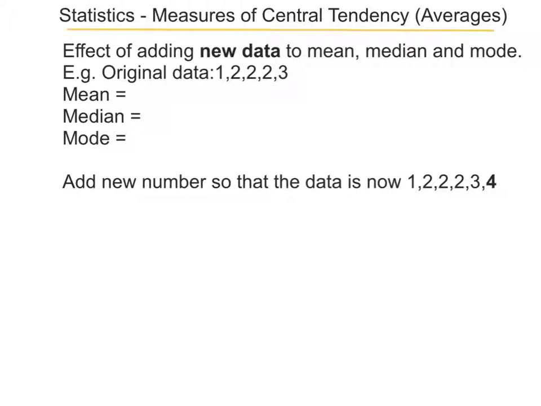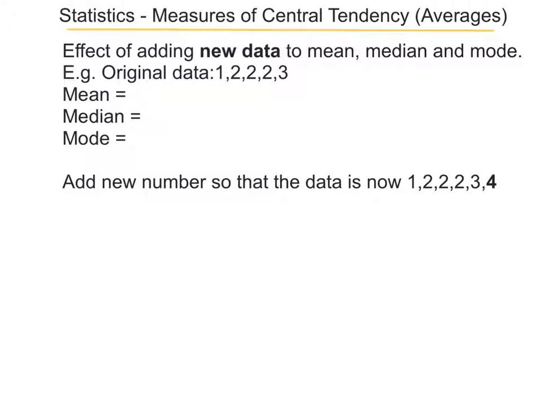We have looked at 3 ways of measuring central tendency, the mean, median and the mode. Now we're going to look at how they're affected when the data changes. To do this, I've picked a simple data set which has just got the numbers 1, 2, 2, 2 and 3. Let's see what happens when we make a change to the data, because we get some new data.